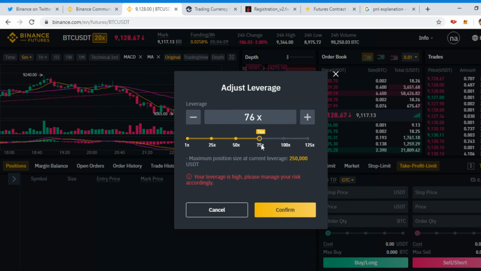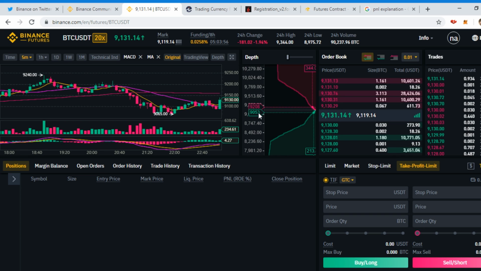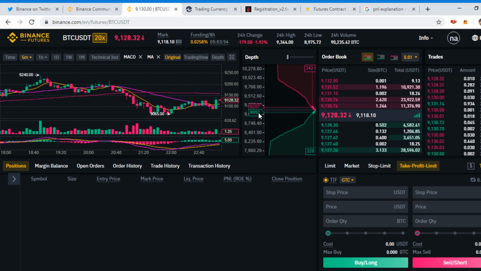Look, it even says here, your leverage is high, please manage your risk accordingly. So that's what I was saying. Always manage your risk, because if it does the opposite of what you want it to do, then you just lost a lot of money.